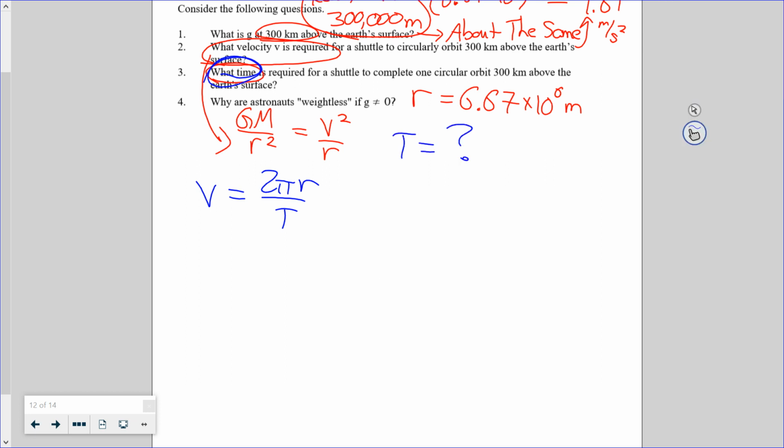I know 2 pi r and I know r. I don't know how fast it's going. I think we're going to end up at number 2.